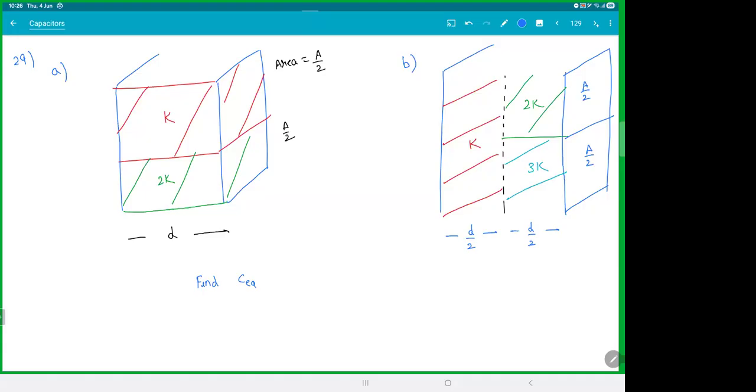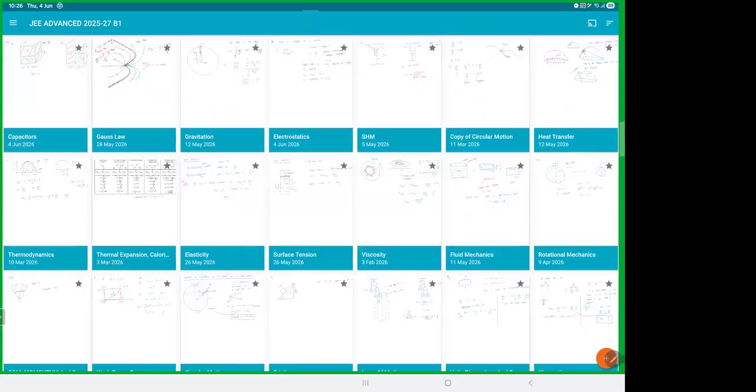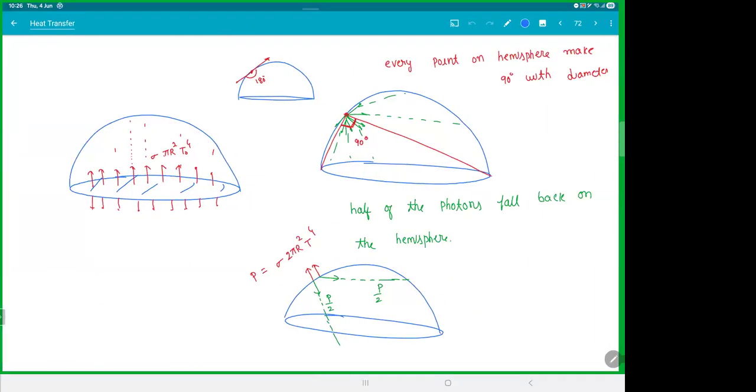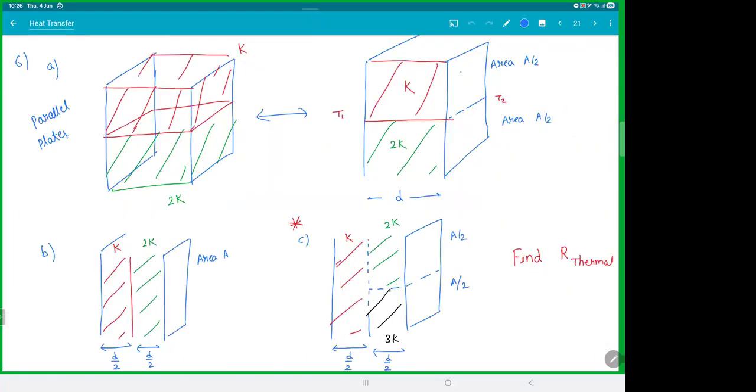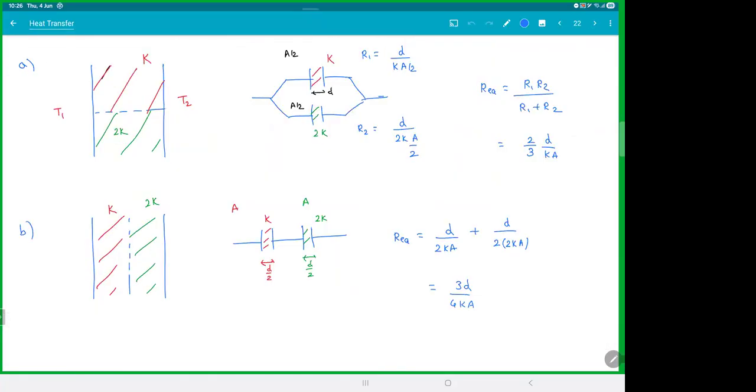Yeah, 3 by 2. In case you're confused about this, you can go and revise heat transfer. This was the question, if you say. Page 21. Exact same question. We can treat them like, see, even there, I wrote it like capacitors only. They look like capacitors. There's no difference, except those are resistances.